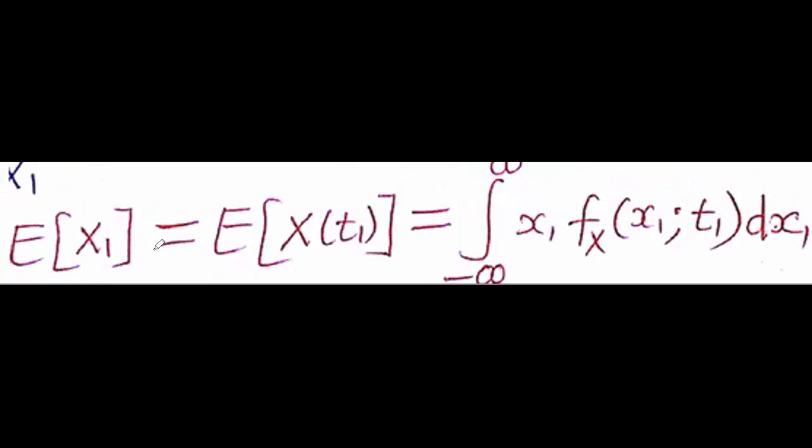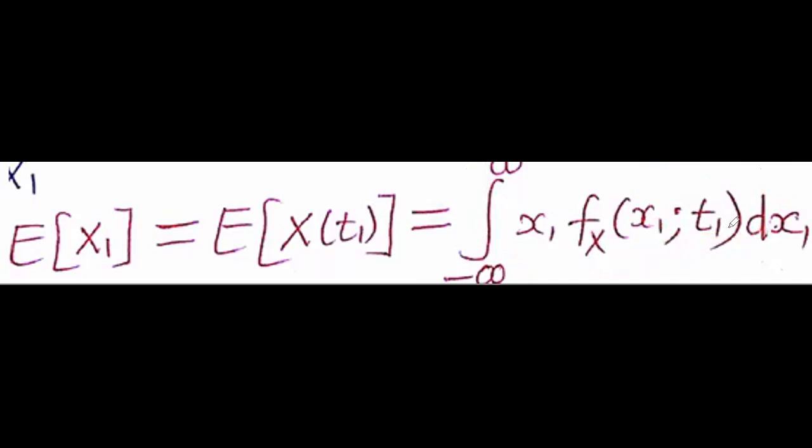E of x1 is equal to E of x of t1. This is nothing but our random process within the limits minus infinity to infinity. Observe the limits here and here. So that is x1 into fx of x1 comma t1, and this one is related to this dx, right?